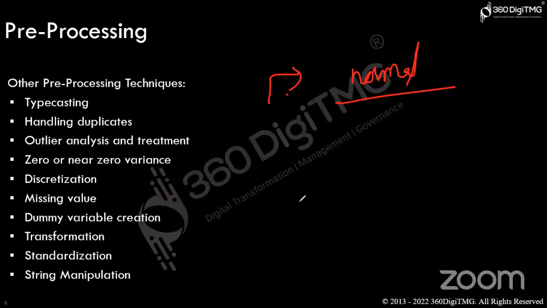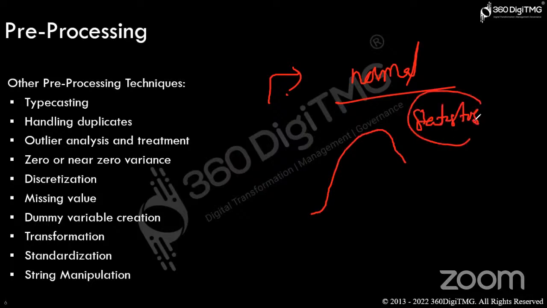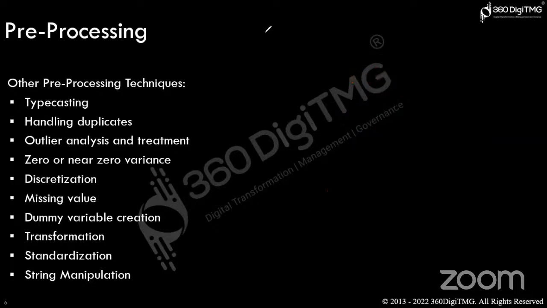Then only will we be able to apply all the statistics and find some inferences. That is why, whenever you have non-normal data, we convert it into normal. That is called transformation.